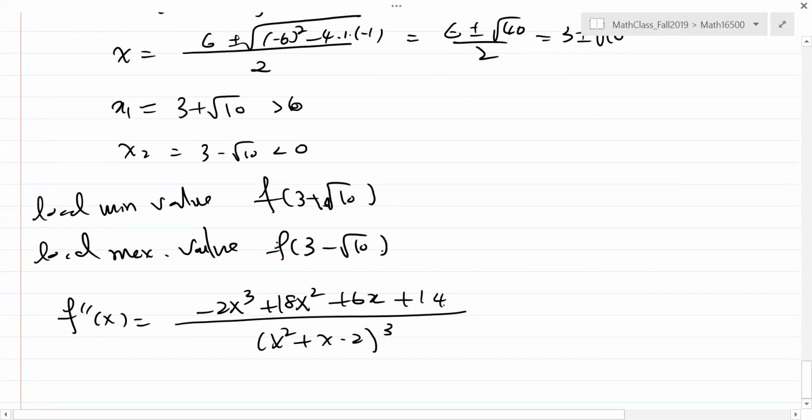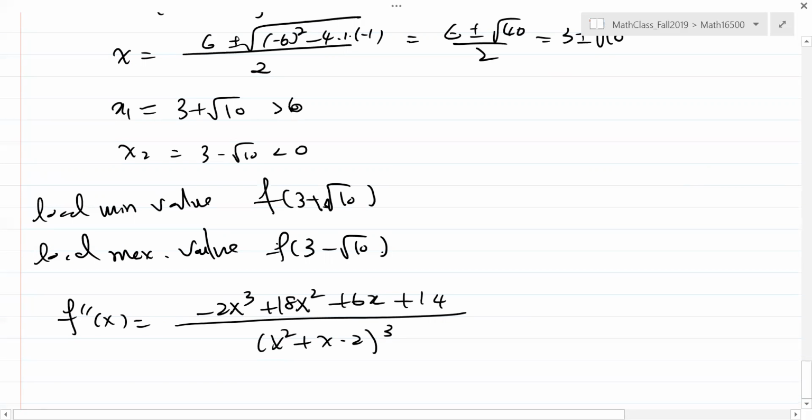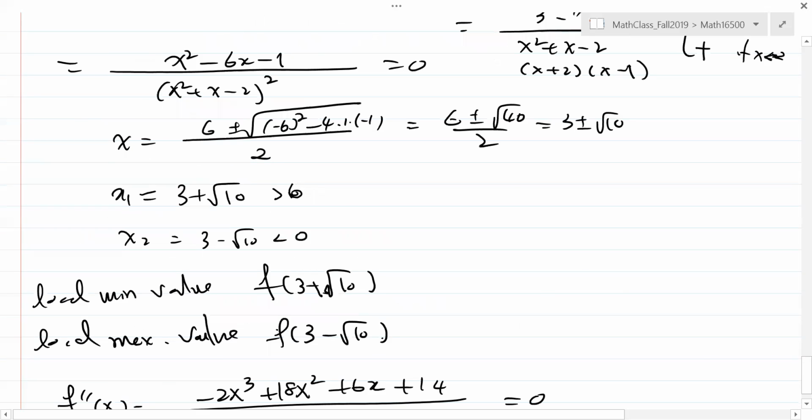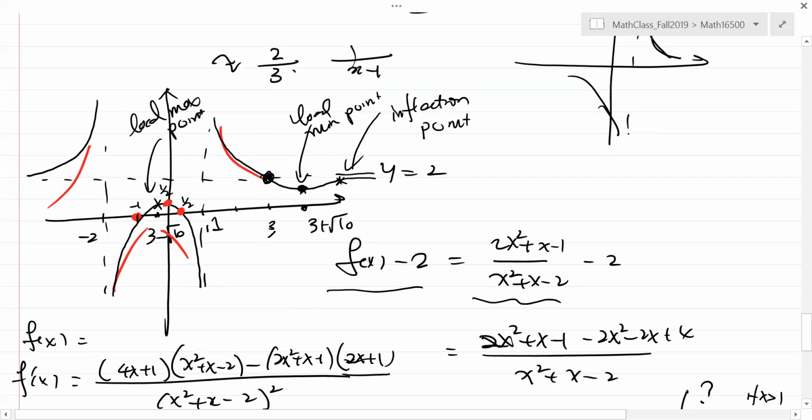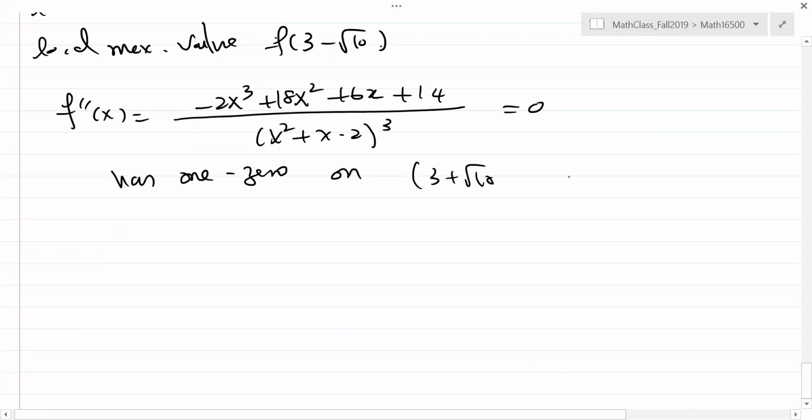Okay, so I'm pretty sure there's one point. The second derivative changes signs. Okay, and if you set it, its numerator is a polynomial of degree 3. Okay, this one has 1 zero on the interval. I can be sure the interval is from the lowest point somewhere here.